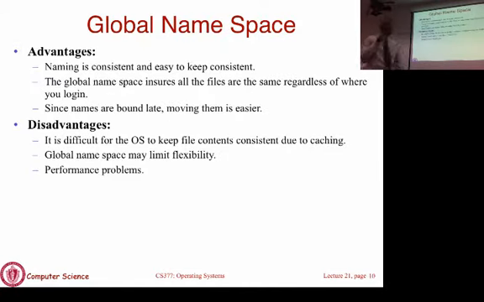So the advantage of a global namespace is that naming is consistent. That is the biggest advantage. You use the same name regardless of where you come from. Disadvantages are that there may be some limited loss of flexibility because you have to use the same name. The name is long, you can't construct shorter aliases and so on and so forth.